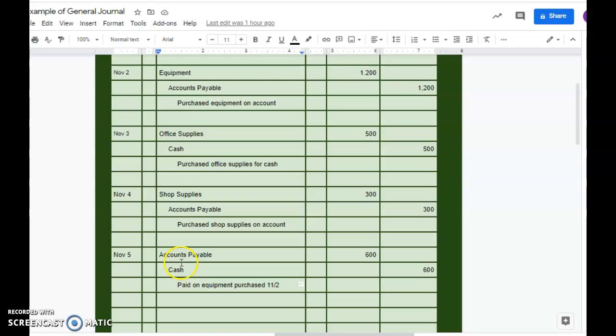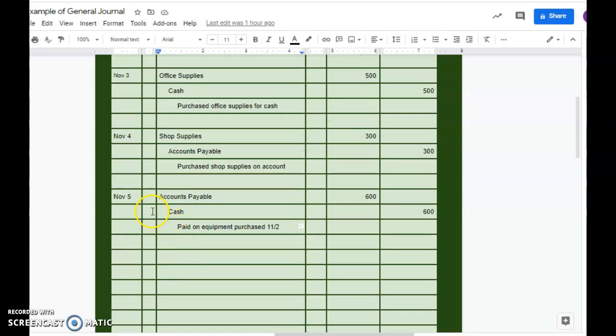And then finally, the last transaction in our example, we paid on the equipment purchased in November the 2nd. So we debit accounts payable because we are reducing it. It's normally a credit balance, and to reduce it, I need to debit it. So I'm going to list my debit first.